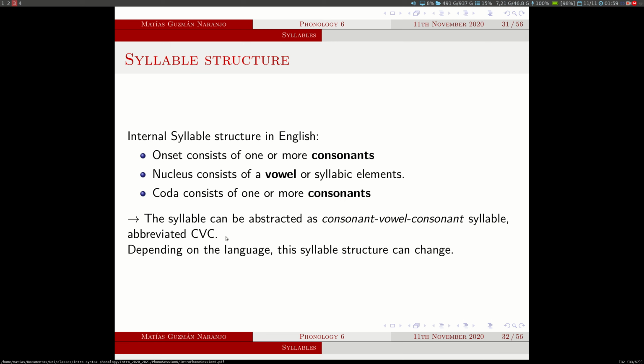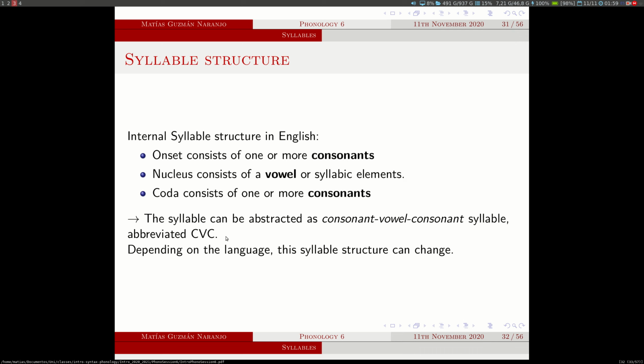The syllable structure, and this is important, is highly variable from language to language. Some languages have very simple syllable structures. There are a couple of languages which are only CV languages, nothing else is valid, and there are languages like English, and English has one of the most complex syllable structures possible.